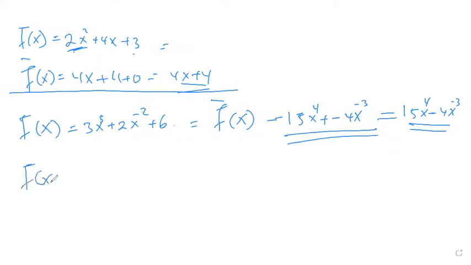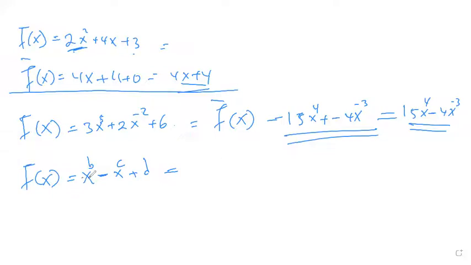This is the final. So if I simplify, it will be 15x power 4 minus 4x power negative 3. Another one from here will be, let me say, x power b minus x power c, then d. I'm going to take this b and multiply it at the front.